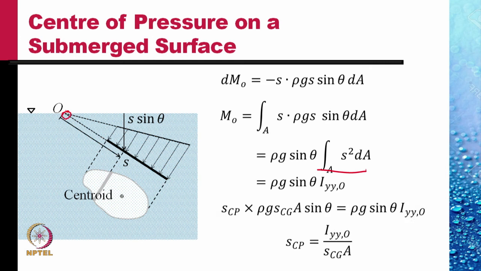Now this moment should be equal to the distance S of the center of pressure, SCP, multiplied by the total force, which was determined in the last slide as the pressure at the centroid, rho g SCG sine theta, times the area A. So that SCP is obtained as IYYO divided by SCGA.